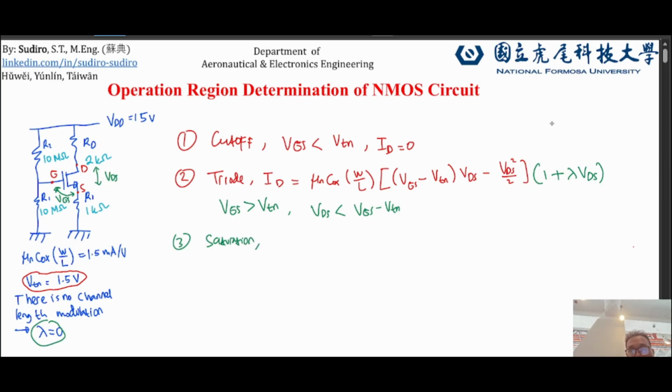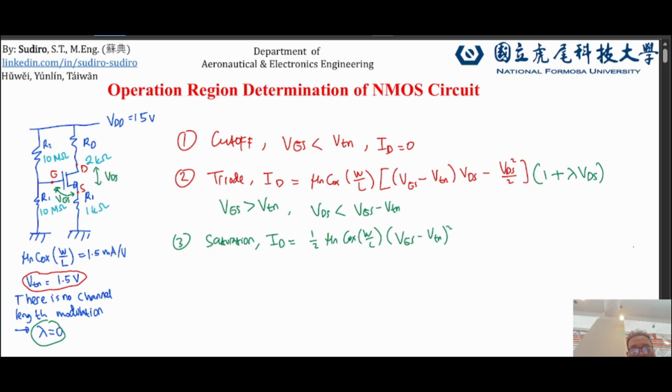Okay, and the last one is the saturation region. The drain current can be expressed as a half mu n Cox W over L times (VGS minus VTN) squared.